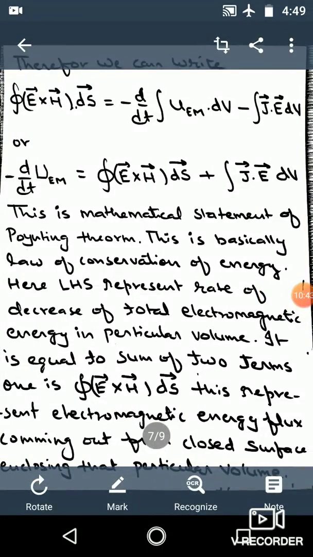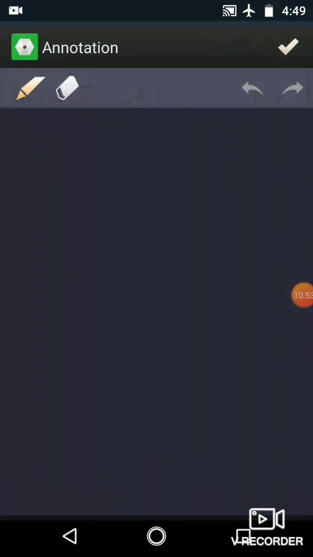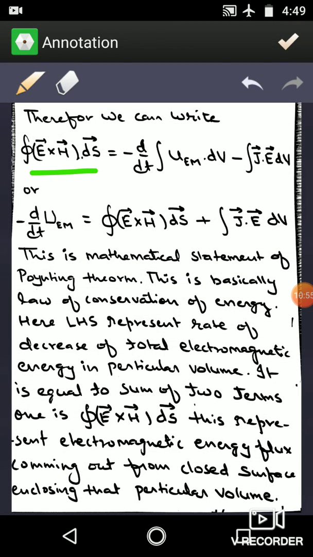Okay, move on to the next page. Therefore, in the left hand side, we have the surface integration of E cross H, which is equivalent to, since we have taken del upon del t outside of the integration sign, it will convert into d upon dt.